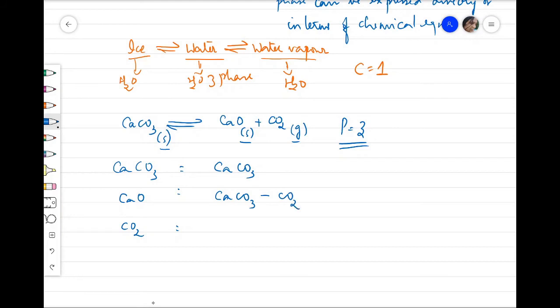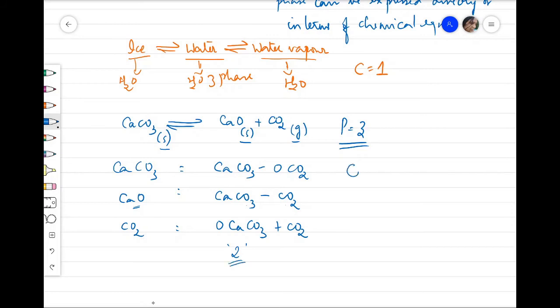So which means that I need 2 components to define this system. Here I can take it as minus CO2 in this case for 2 components. Whatever you are taking in one, you have to do similarly. Here I can take 0 calcium carbonate plus CO2. So there are three chemical constituents, and the minimum number I need is 2 to define each phase.